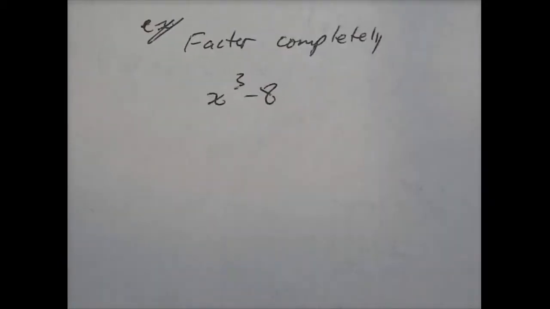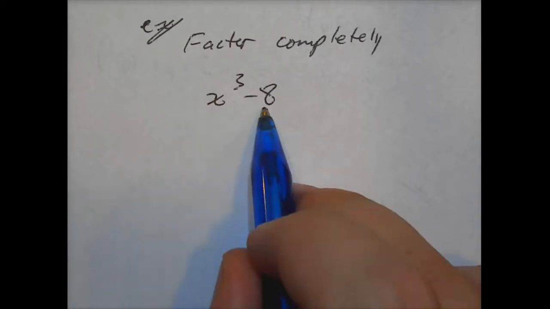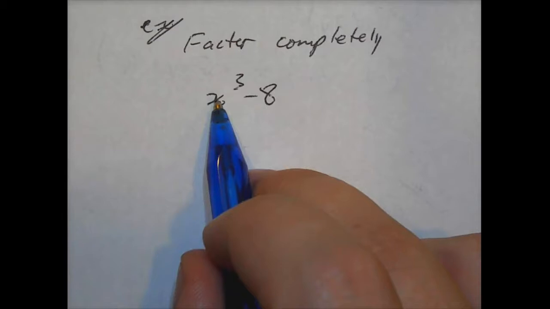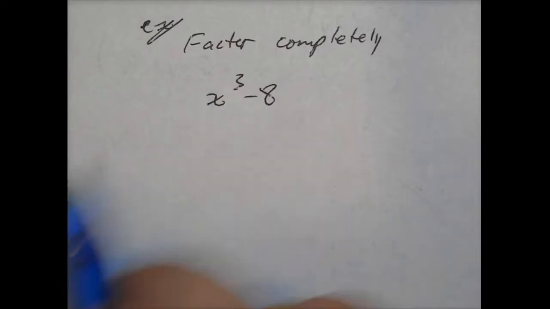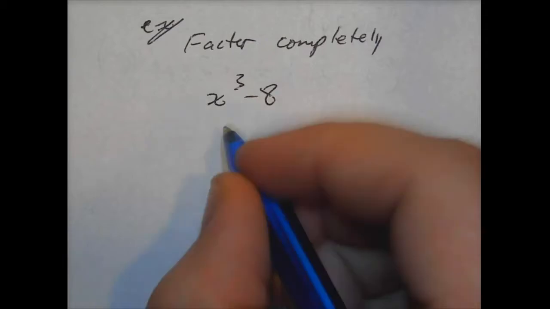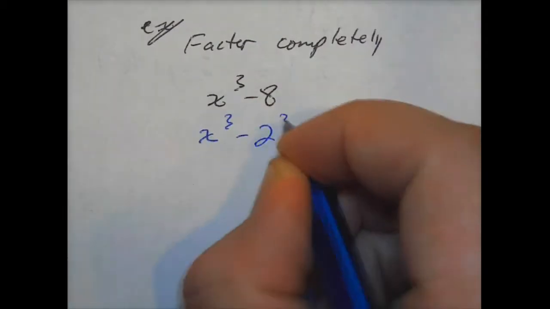All right, last one. Oh, you did this one already. All right, so I have x cubed minus 8. Anytime I see only two terms and one of them is a cube, it makes me think about either difference of cubes or sum of cubes. This one would be a difference because it has a minus sign in the middle. So I can rewrite 8 as 2 to the third. So this is really x to the third minus 2 to the third.